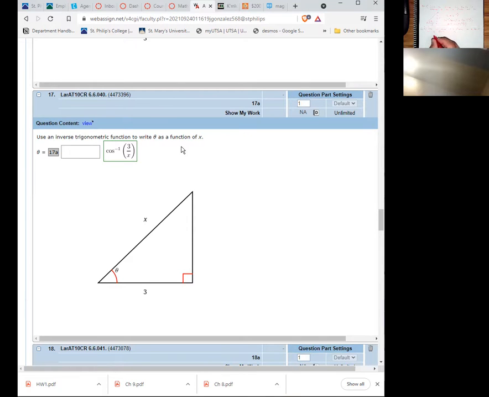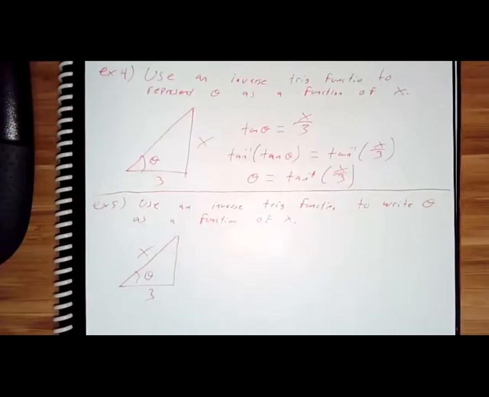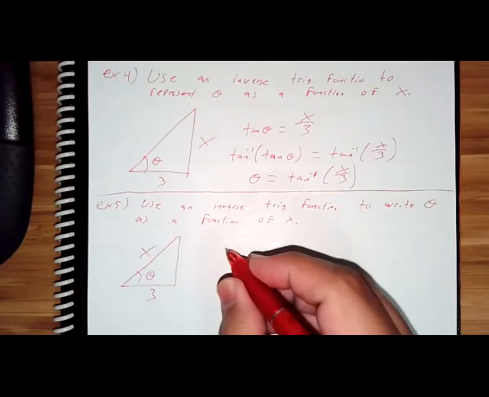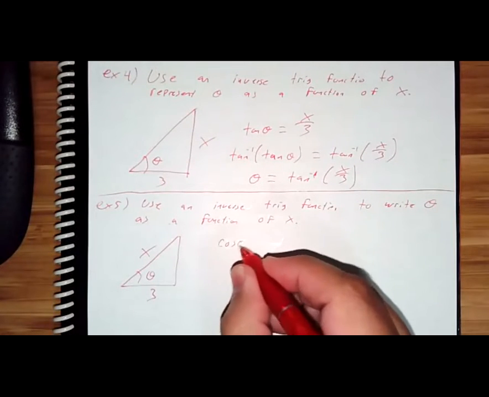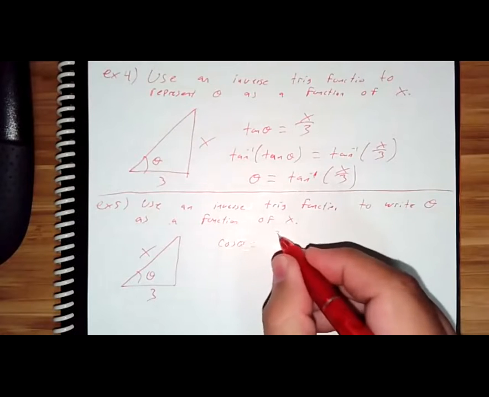So given this triangle, just create the cosine function. So cosine of theta is equal to adjacent over hypotenuse.